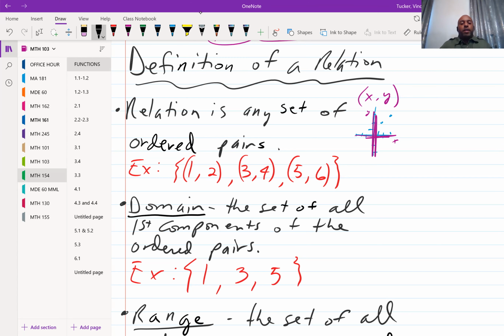The domain is the set of all first components of the ordered pairs. So in this case, 1, 3, and 5.